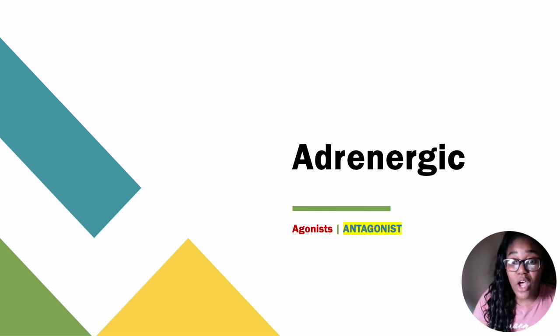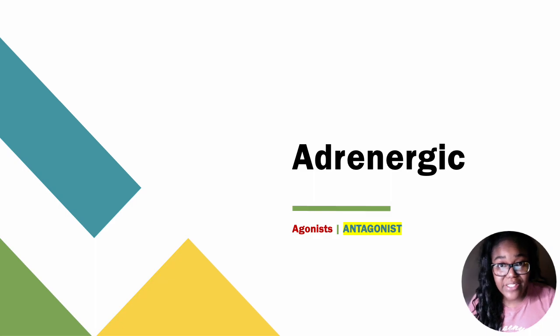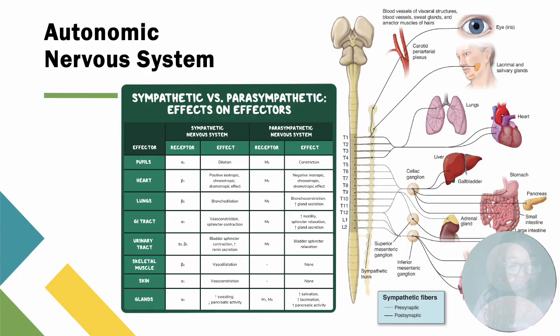So again, we're talking about adrenergic antagonists or adrenergic blockers. Here's our wonderful chart again, and here are the areas that we're talking about. Since we're discussing the sympathetic nervous system, we're talking about the drugs that would inhibit it.